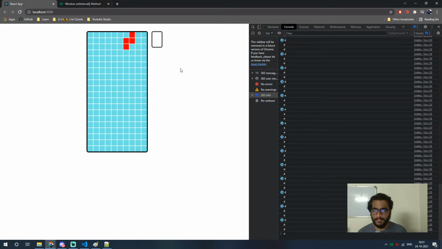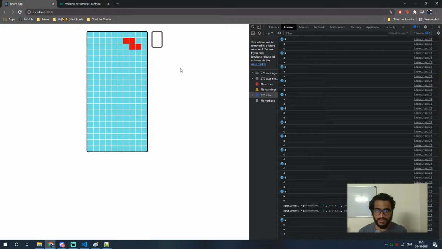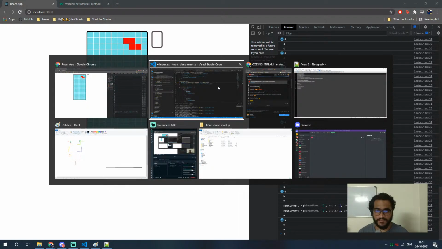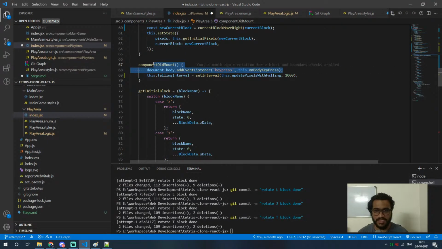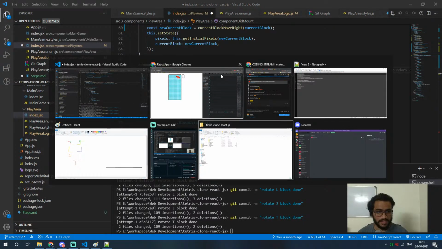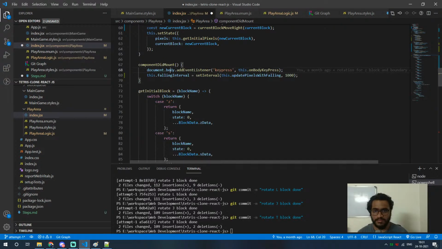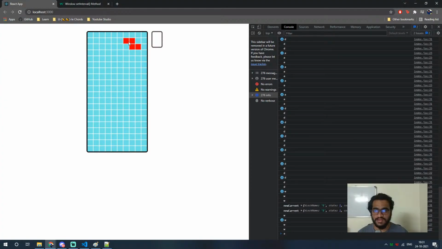The whole commands that we are able to capture, we are able to capture from this line, which is document, which is the DOM that I talked about, DOM.body.addEventListener. There we add this event listener, which would listen to all the commands that we type.